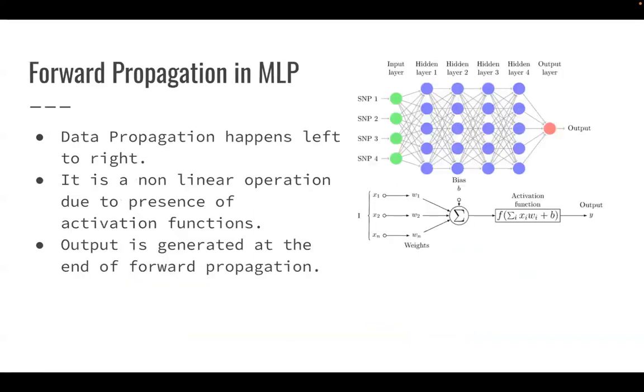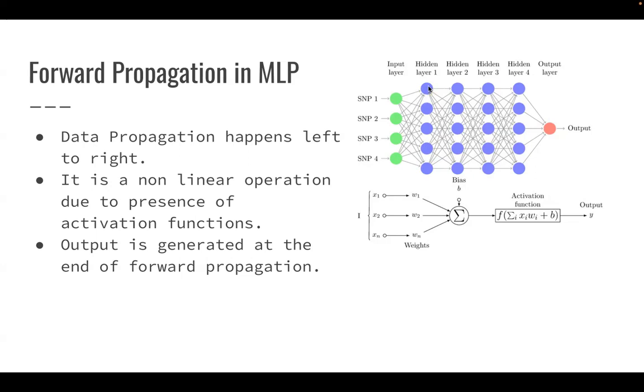Let's see forward propagation in MLP. So during forward propagation, the data moves from left to right. We start with the input layer, calculate the output here, here, here, here, and then calculate the output at the final output layer. Every edge here in the figure is a weight, which is multiplied with the input of that particular neuron.